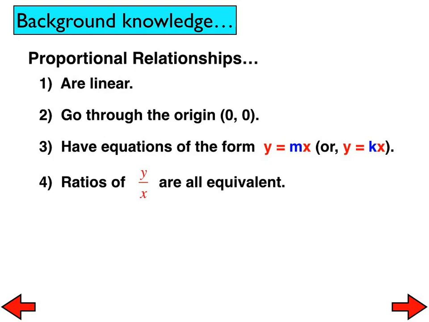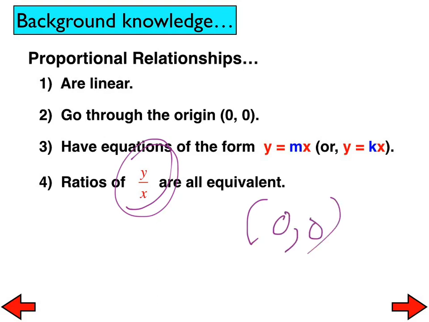Now yesterday, when we had tables and we were talking about slope, we had to find the ratios of the change in y over the change in x. And I don't want you to get this mixed up with that. Because what's happening here with a proportional relationship is that one of the ordered pairs is 0, 0.